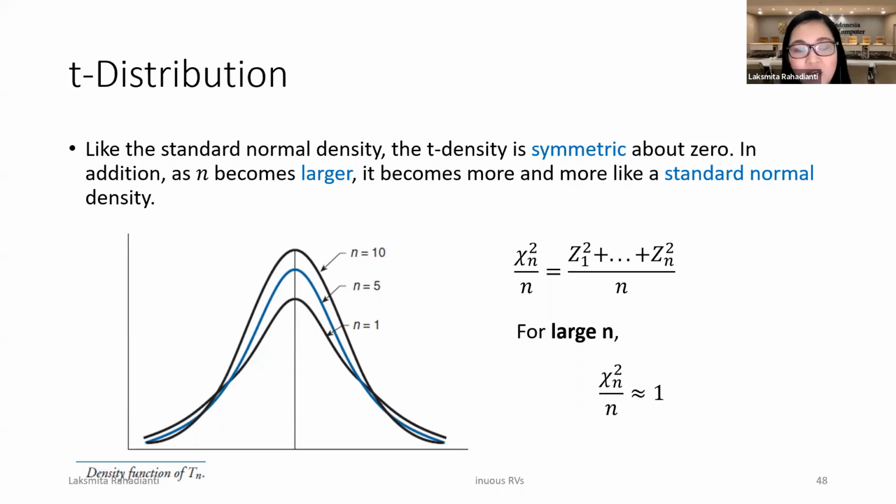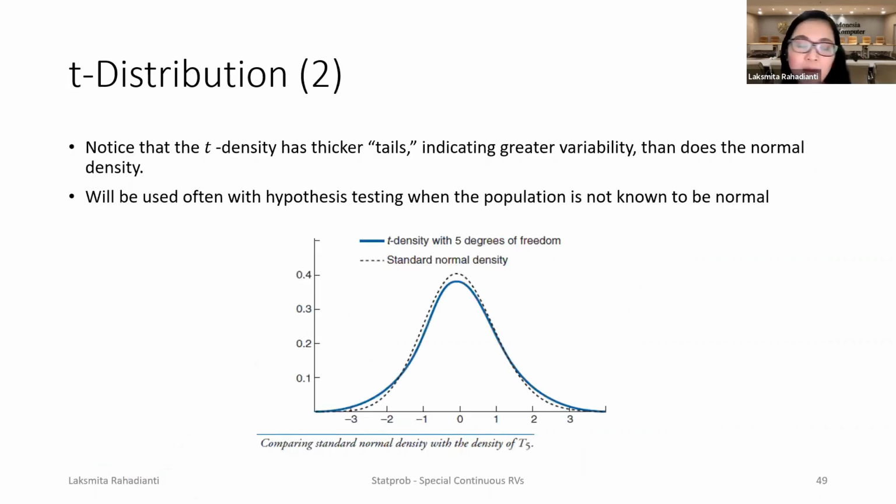So in that case, we very often use the T distribution instead because it's symmetric. It looks the same as the normal distribution. However, it accounts for the error that may occur if you don't have enough data points. In other words, you can also say that it is a chi-square variable divided by how many data points that you have. So there are some important properties of the T distribution.